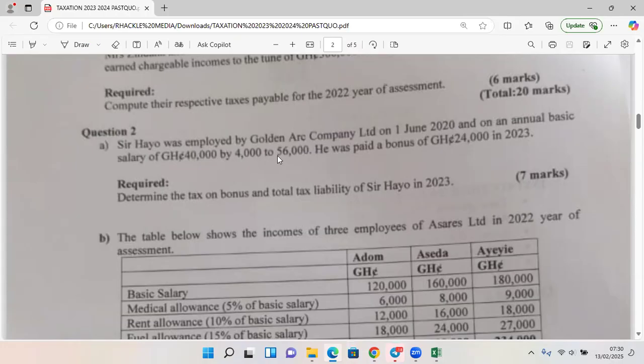He was paid a bonus of 24,000 in 2023. Now we are required to determine the tax on bonus and the total tax liability of Mr. Hayo.